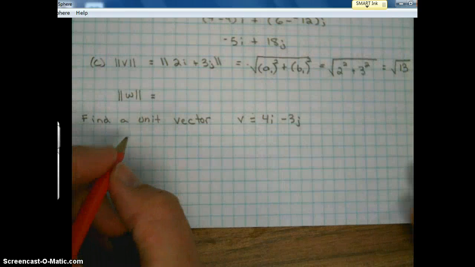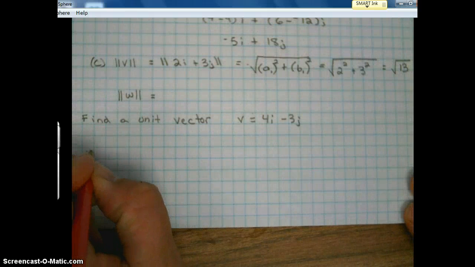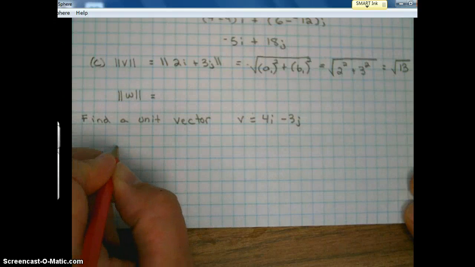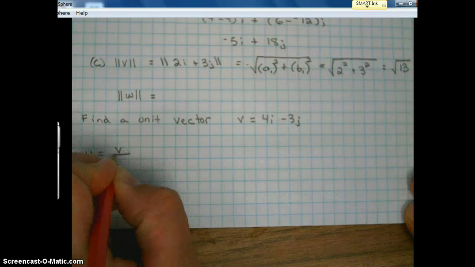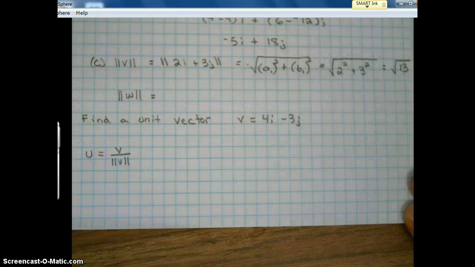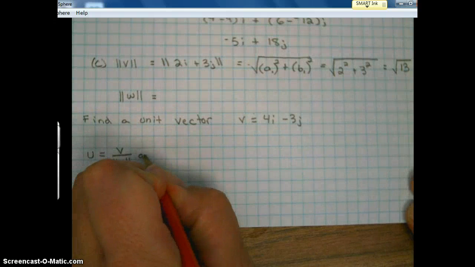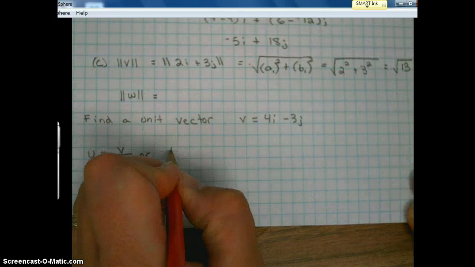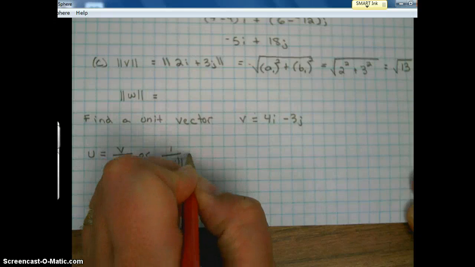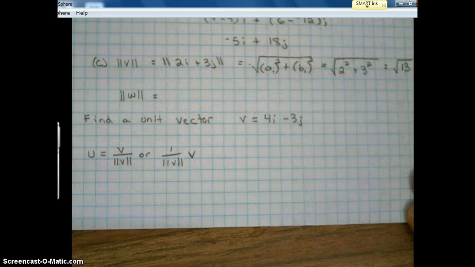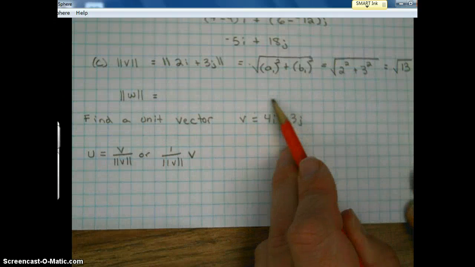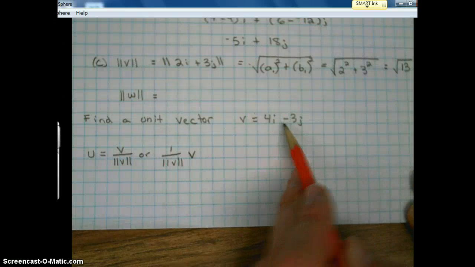The unit vector, u for unit vector, is found by taking the vector divided by the magnitude of v, or 1 over the magnitude of vector v times v. Okay, so that means in order to find the unit vector for this vector, we have to find the magnitude.